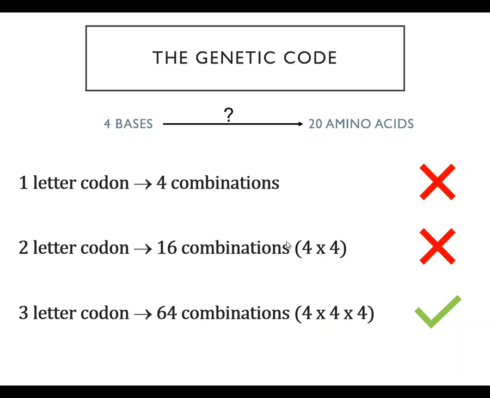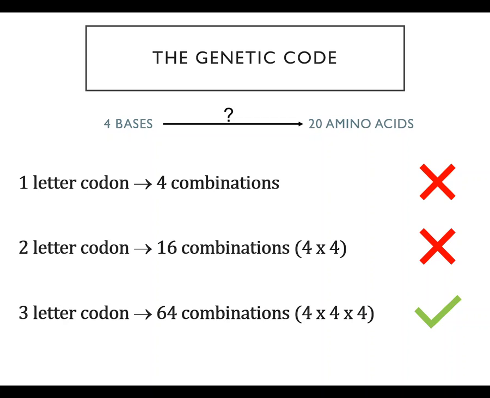Now, the actual genetic code, in other words, which bases and which combinations code for which amino acids, took several years to figure out, and again involved a lot of different groups. So some pretty fundamental questions come up when you start looking at the nucleic acid bases and the 20 amino acids.